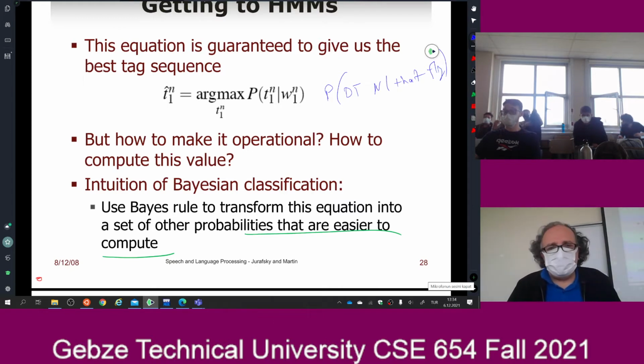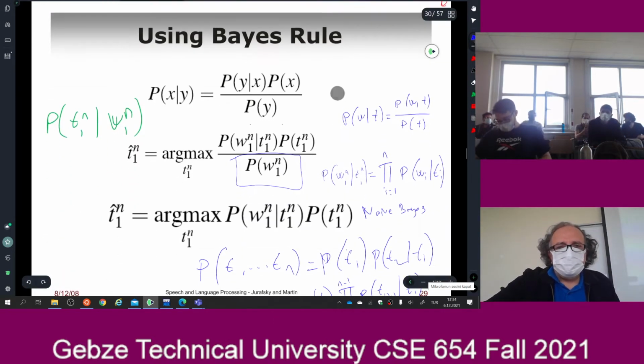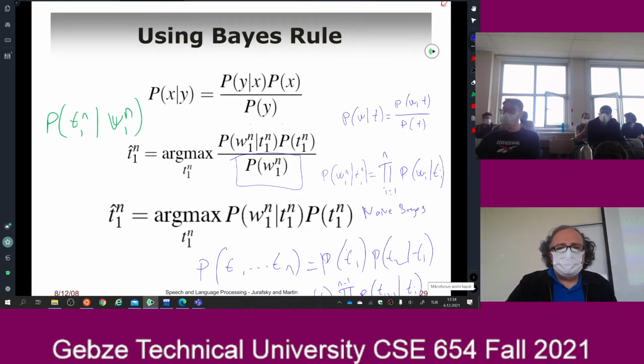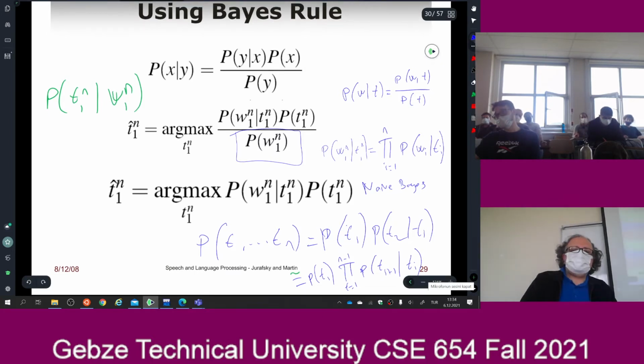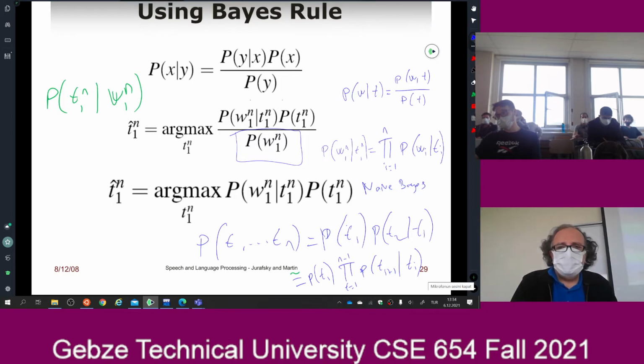It is not operational. Let's use the Bayes rule to write it the other way. It will be the same as, this is not an approximation, it is the same as assigning a probability to the tags, and then giving the tags the probability of those words. And then we say let's do some approximations now.